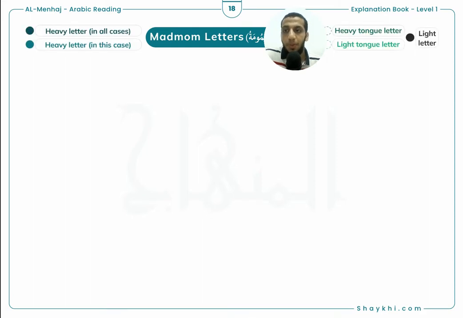The dark blue or green refers to a heavy letter in all cases, and the light one refers to a heavy letter just in this case. The dark green border is a heavy tongue letter and the light green border is a light tongue letter, and the remaining is gray or black for light letters.